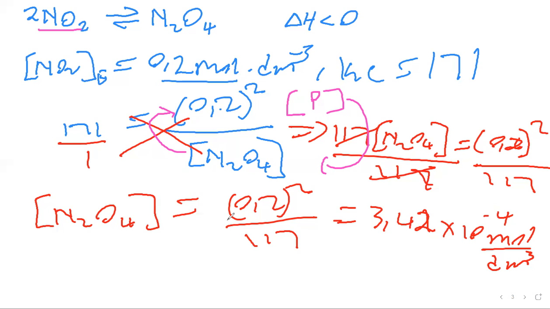So it's going to be 0.55. Initially, for our product, we don't have anything, so it's going to be 0 according to that.